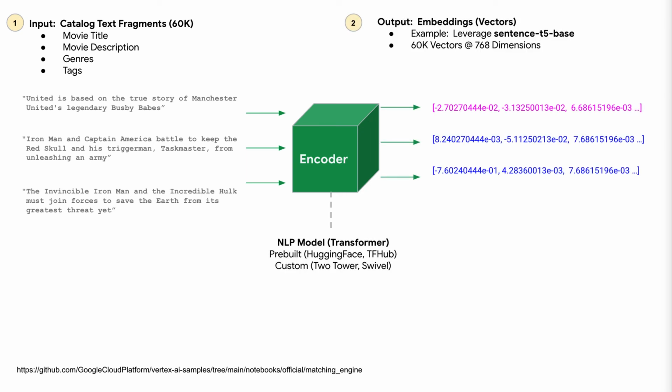The output of this data preparation task are vector representations, one for each inbound catalog item, in our case about 60,000 records. Note our choice of open source or custom encoder will determine other output aspects such as the shape or number of dimensions of the output vector.